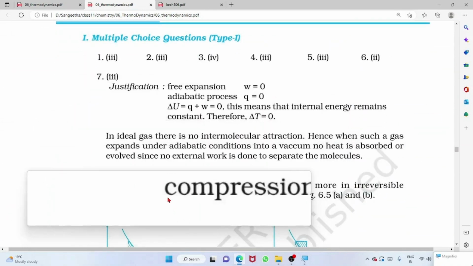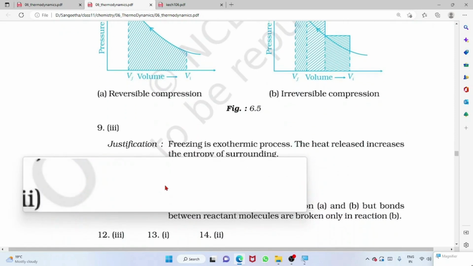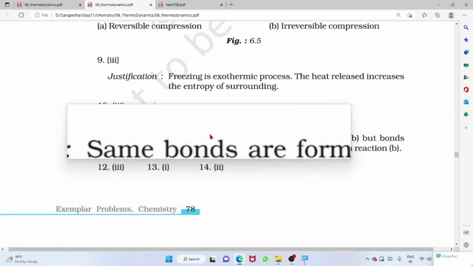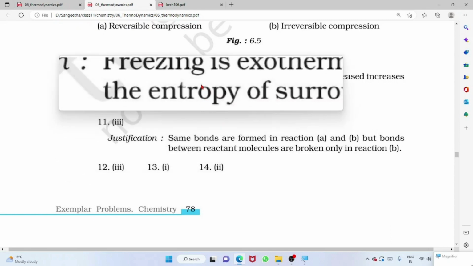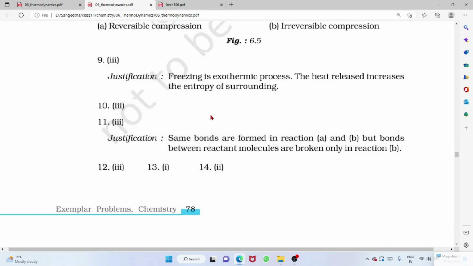Option 9. Justification: freezing is an exothermic process. Heat released increases the entropy of the surrounding. So this is the answer.